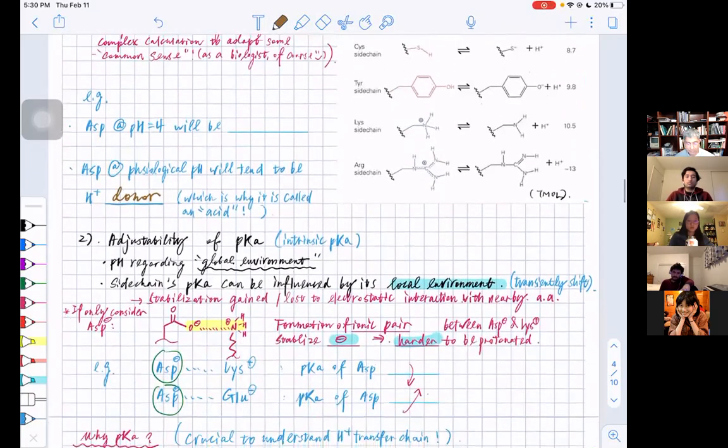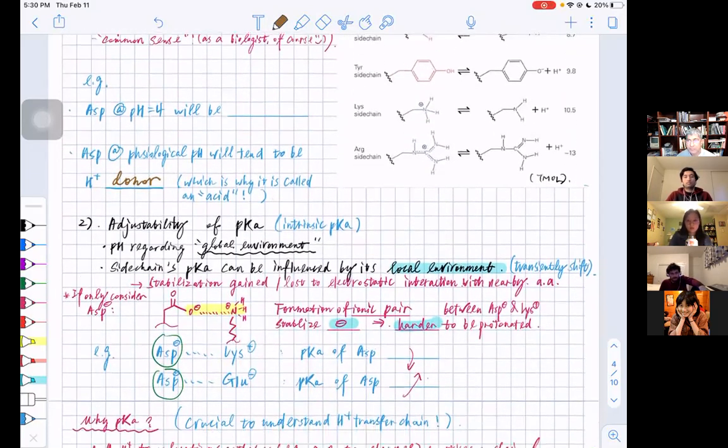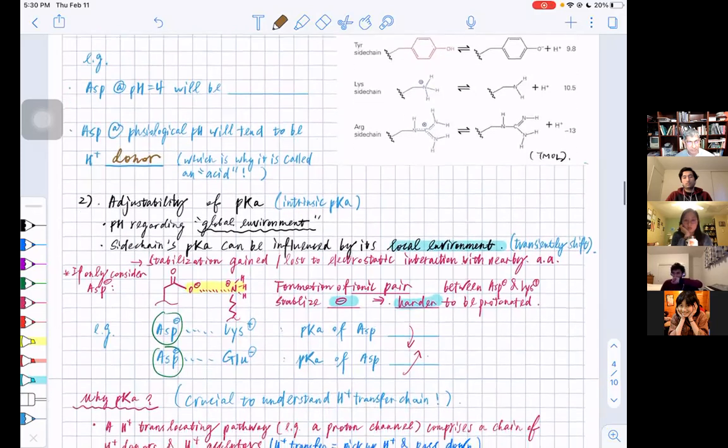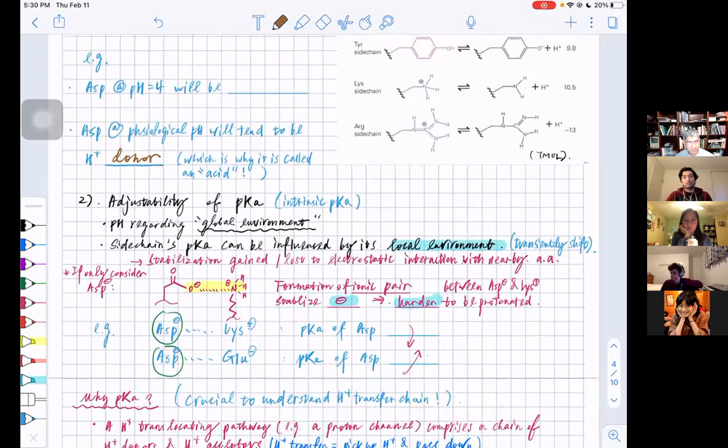Fairly straightforward, right? Another really important aspect of pKa is its adjustability. I like to think of the pH of the environment as a global environment, whereas if you have an amino acid side chain nearby the molecule of interest, usually it will have some electrostatic interaction that influences the stability of the charge.